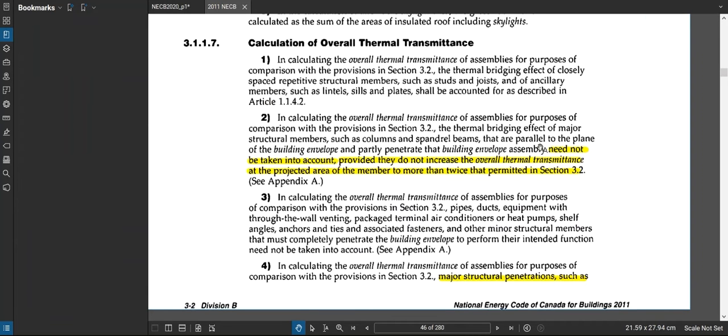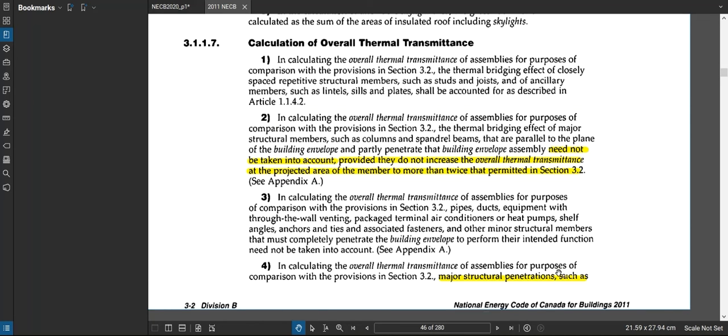And some other things that need not be taken into account was structural members such as columns and spandrel beams that are parallel to the plane of the building envelope and partly penetrate that building envelope need not be taken into account. Okay, so in 2011 you didn't have to worry about that.